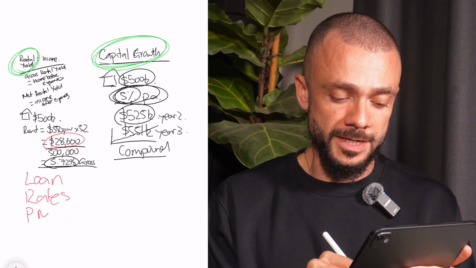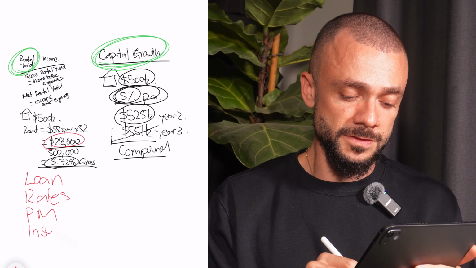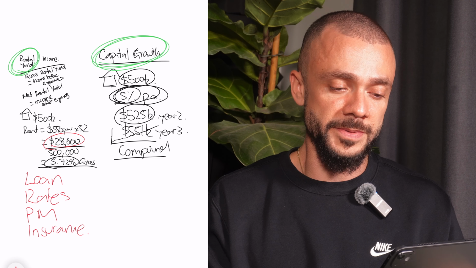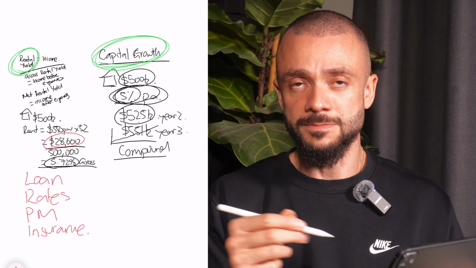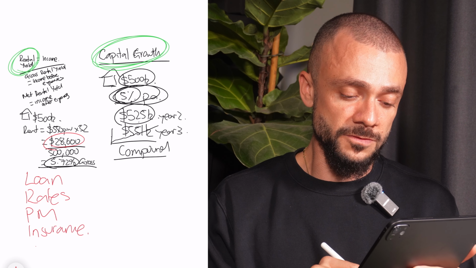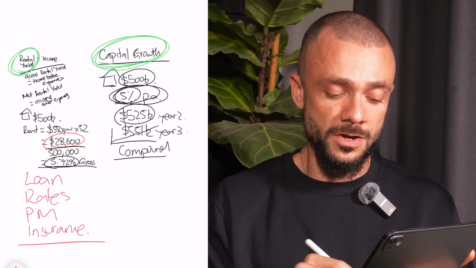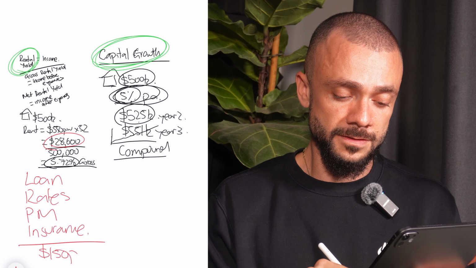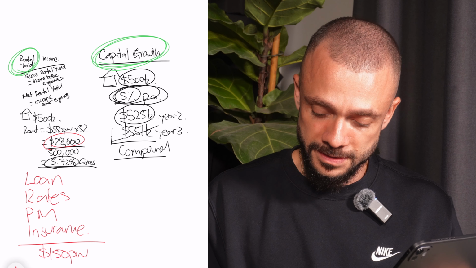We're going to have a property manager. We're going to have insurance to pay, pretty much at a minimum. These are your base costs of holding the property. Now, with a property like this, just based on my experience, it's probably going to cost you in the region, outside of your loan, about $100 to $150 a week. So let's call it $150 a week.